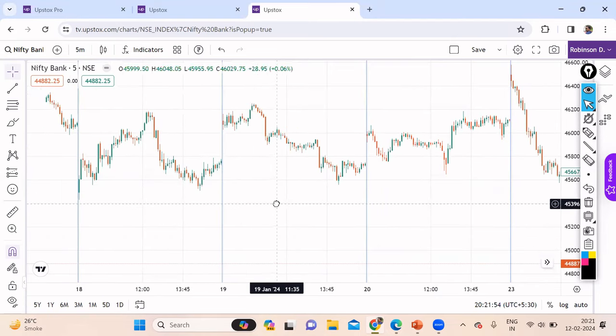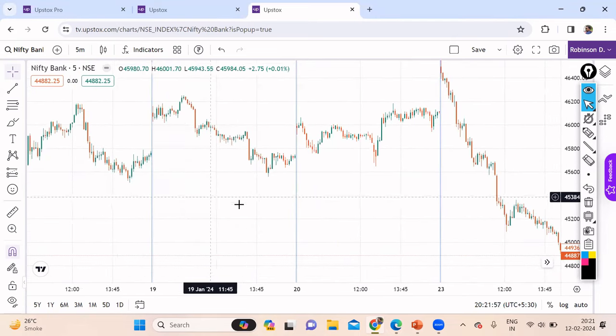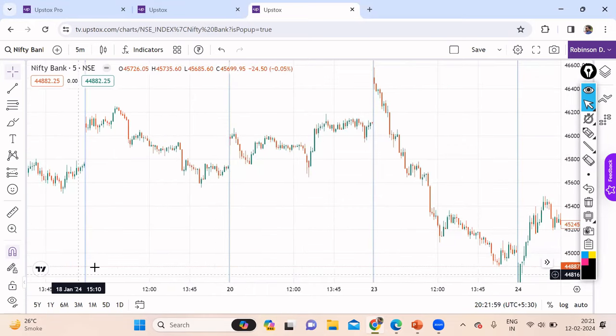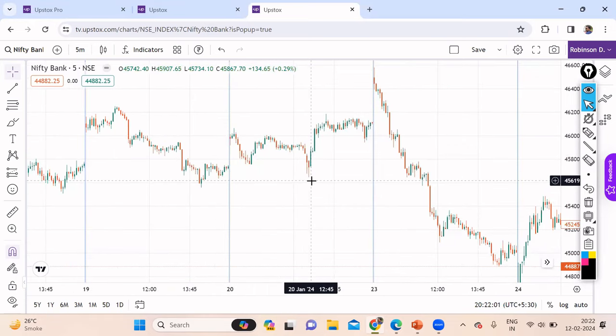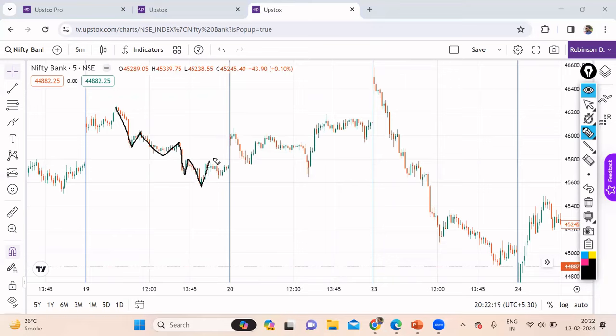So I think we can start from maybe the 19th of January. Here on the 19th January, we can clearly see that the price is coming down like this. Clear?